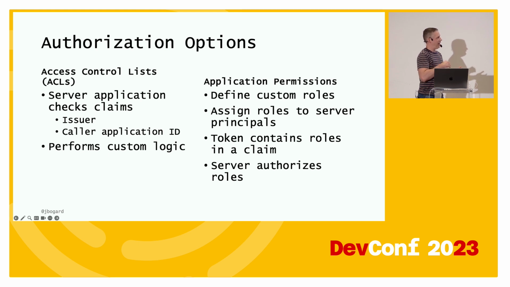With that assignment, I can say that this application can call these endpoints because I've validated that that application is able to perform the correct filtering of the information. Then inside of the token we get a roles claim that tells us this application has been granted these roles, which are just permissions. And then the server authorizes those roles, making sure the token has the appropriate roles.